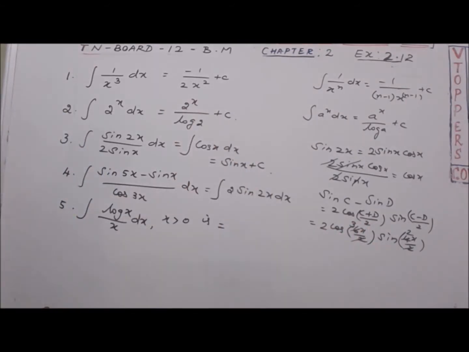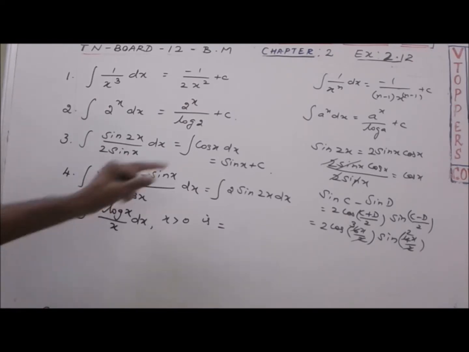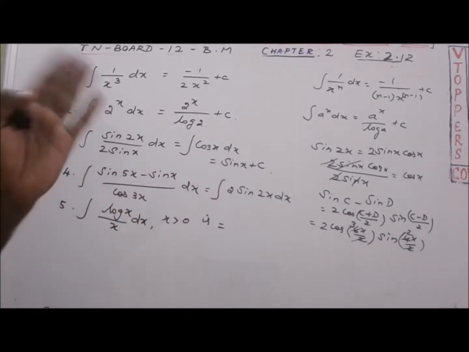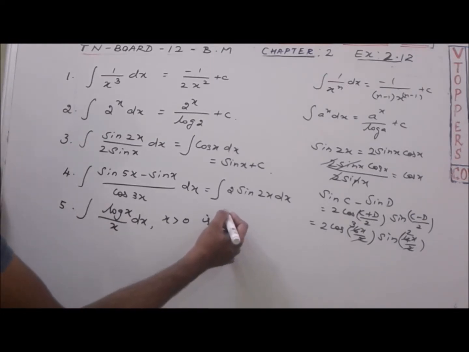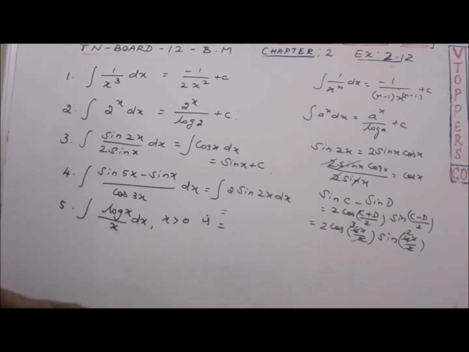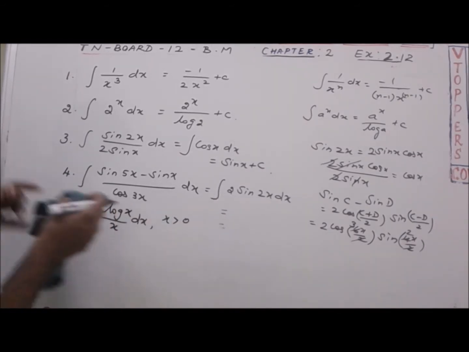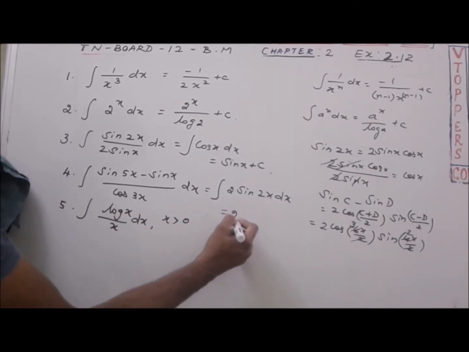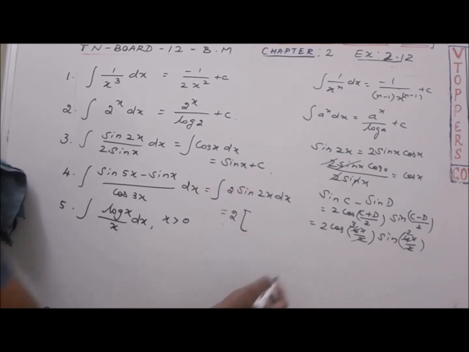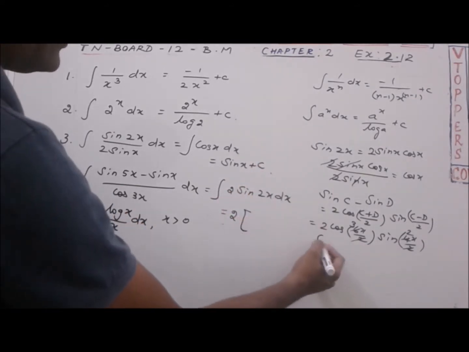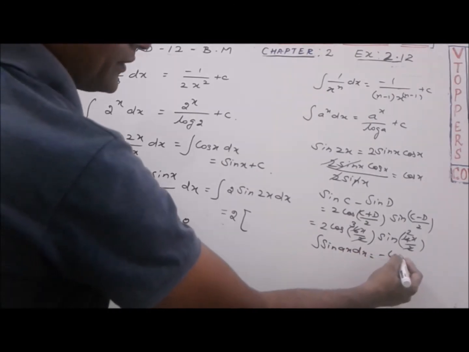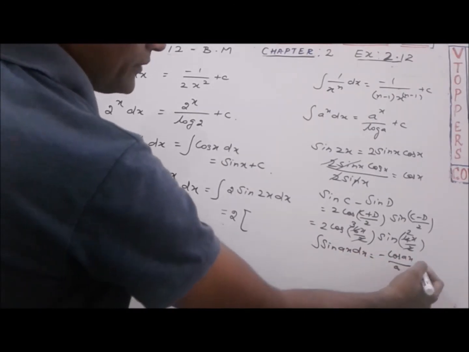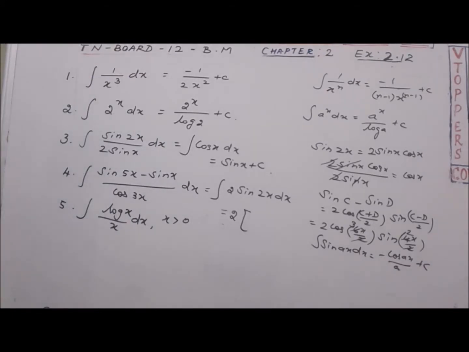By integrating, the integral of sin x is minus cos x. For integral sin ax we have the formula minus cos ax by a plus c, or minus 1 by a cos ax plus c.